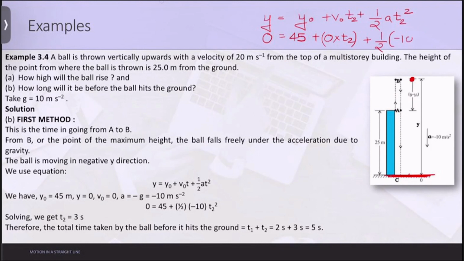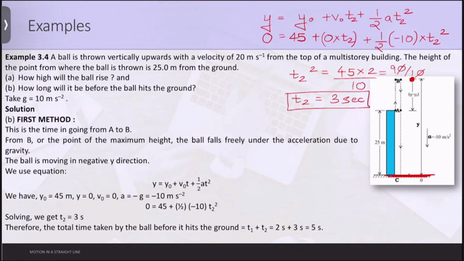A will be minus 10, and T2 square is unknown. So finally, T2 square is equal to 45 into 2 by 10. That gives 90 by 10, which is 9. Therefore T2 is equal to 3 seconds.